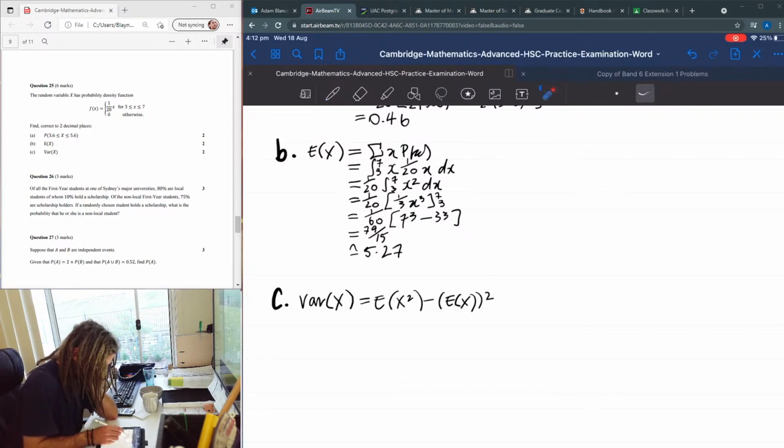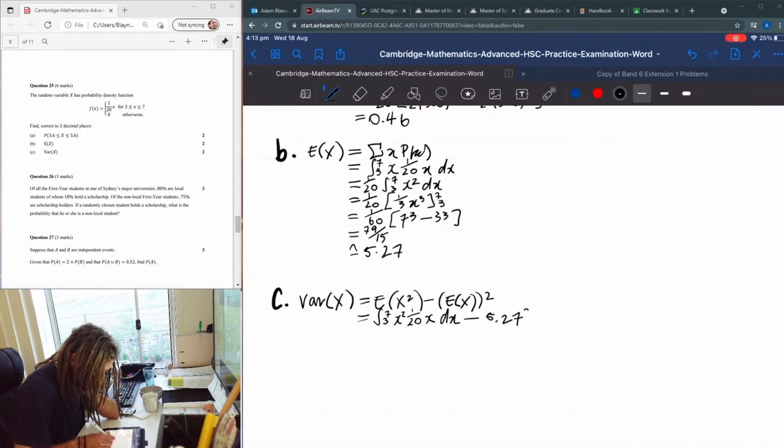I'm going to do the exact same thing as I did up here, except with my x squared. So between 3 and 7, I've got 1 on 20 x, and then I'm timesing that by x squared, dx. And I take away this, which is this squared. I'm taking away 5.27 squared.